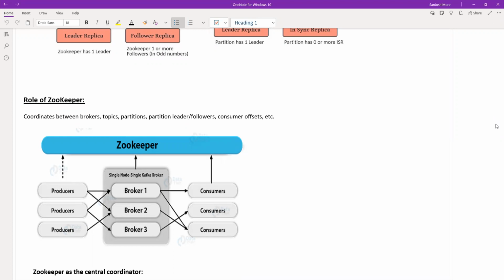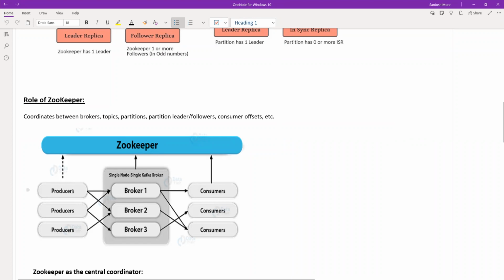What the Zookeeper does is manage the whole set of Kafka brokers in that cluster. It maintains the list of the brokers, and all that information is maintained in Zookeeper.